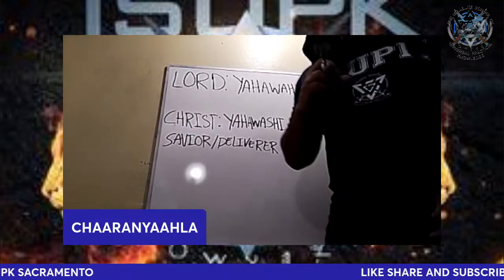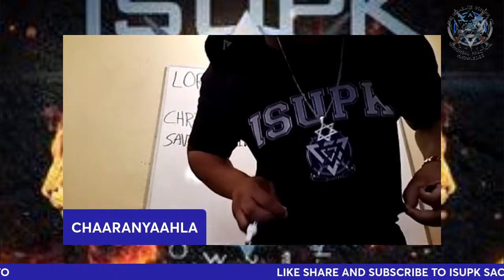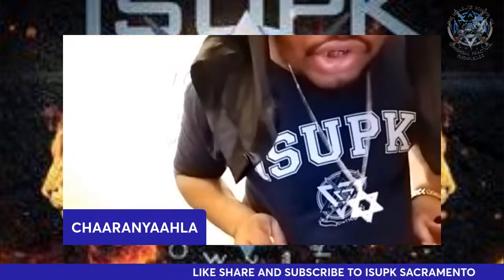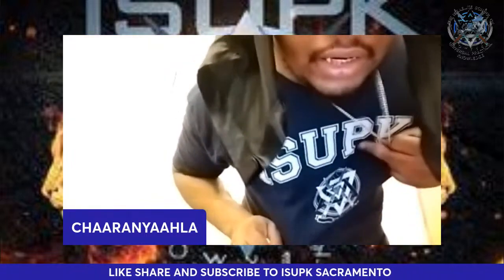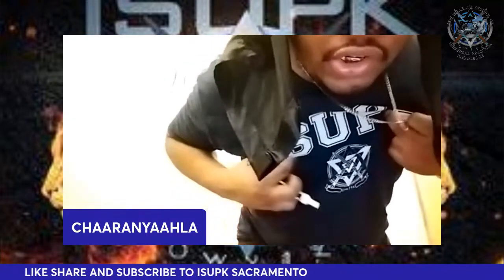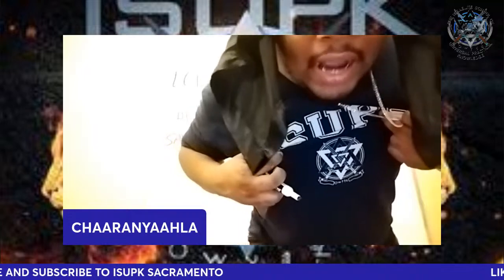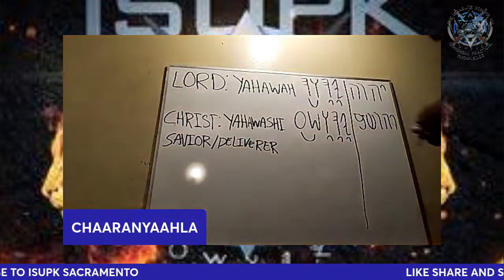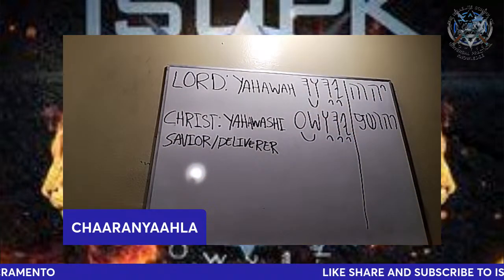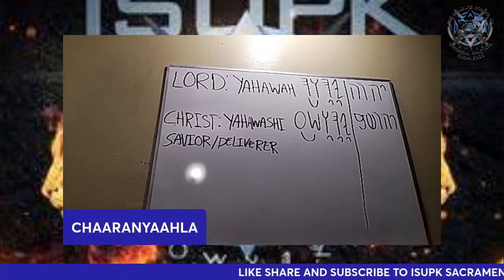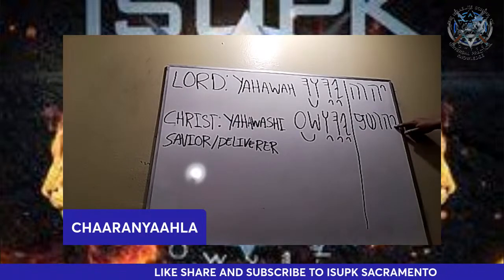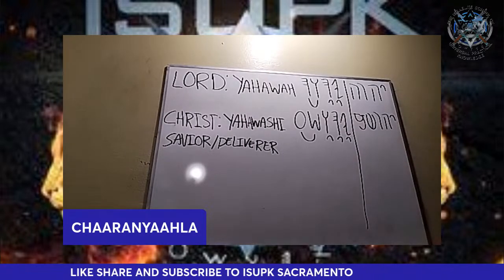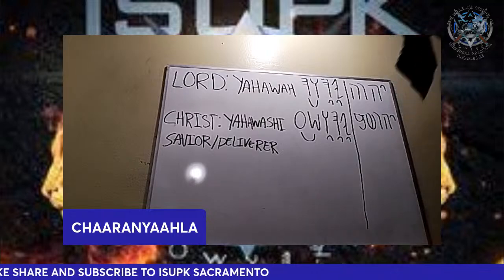Not sure if you can see it, but I have a shirt that says Christ's name in the Hebrew at the bottom of the UPK shield. It says Yahawashai, just how I wrote it on the board. Christ, Yahawashai. To your far right, the Assyrian Hebrew.